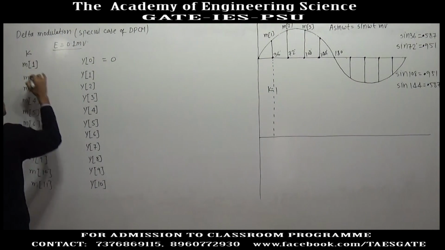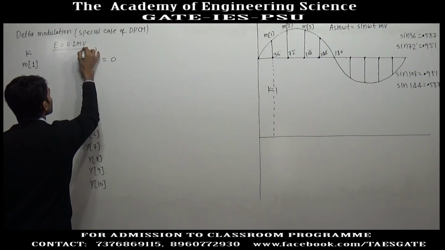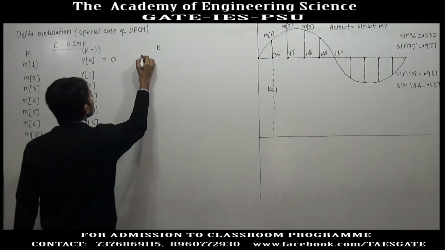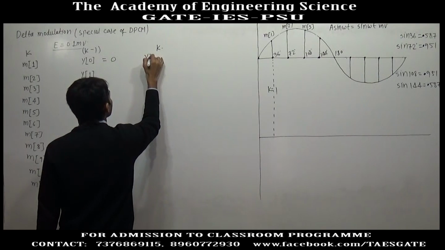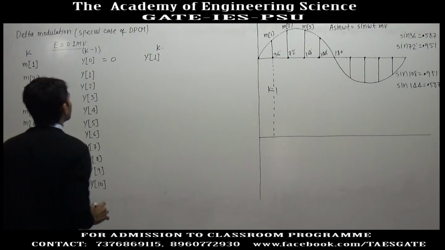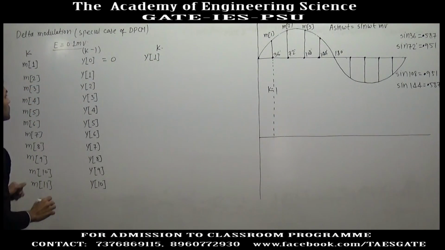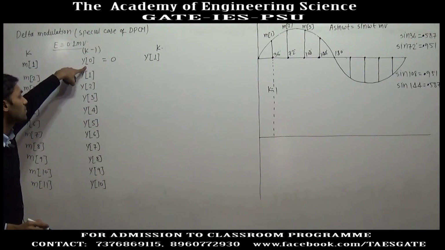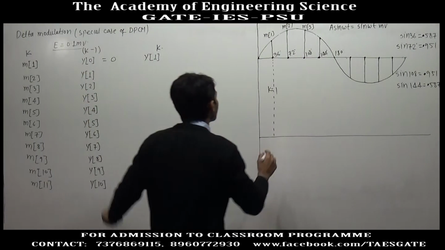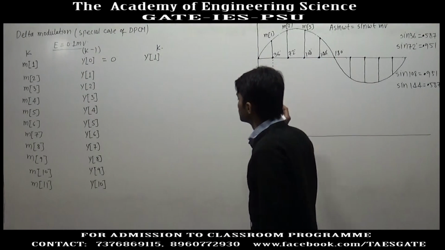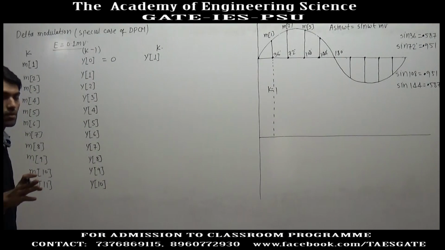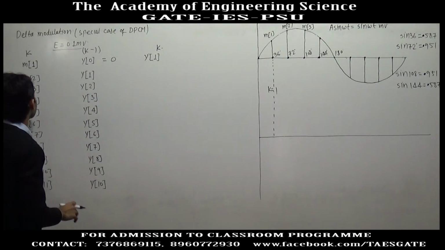This is k, this is k minus 1, and again here we have k. So, here we will have y1. For k equal to 1, M1, the present input, is greater than the previous output, because I have assumed the previous output as 0 to start.